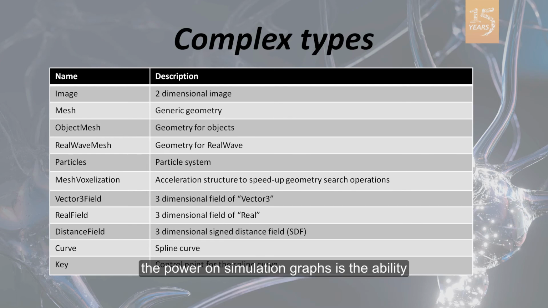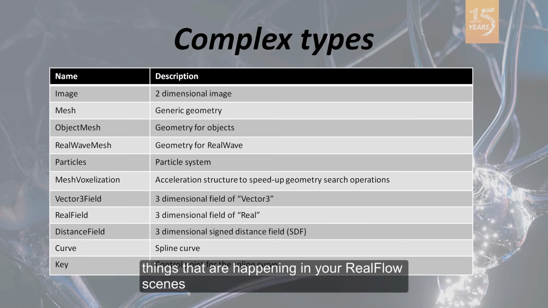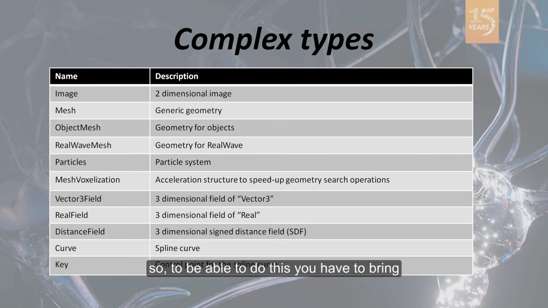The power of simulation graphs is the ability to change, manipulate, and edit the things that are happening in your RealFlow scenes. To be able to do this, you have to bring the RealFlow scene nodes to the graphs world.